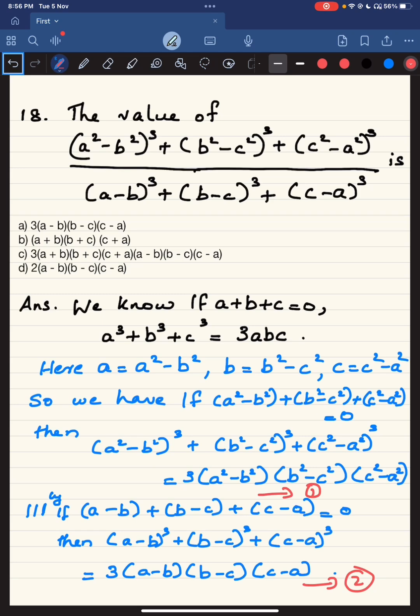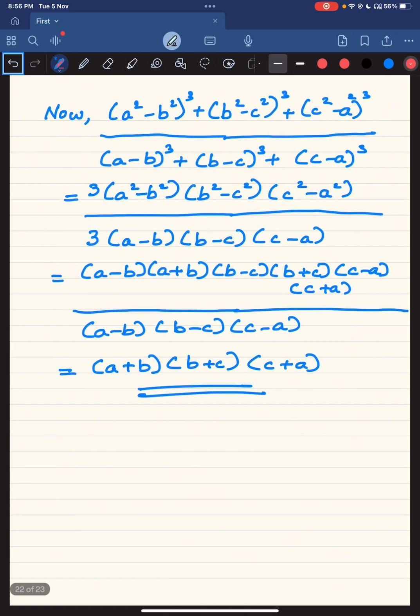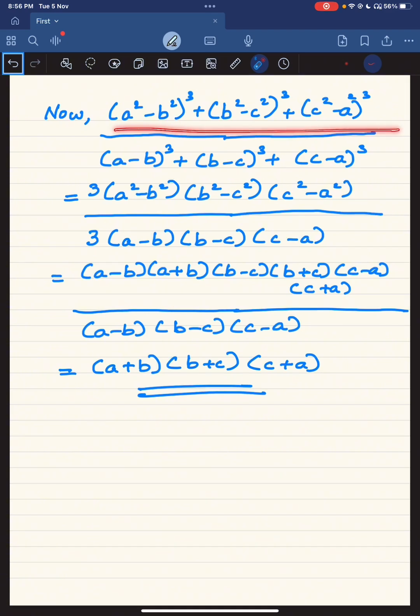So using identity 1, we can write this as 3 into (a square minus b square) into (b square minus c square) into (c square minus a square). And using identity 2, this will change to this also.